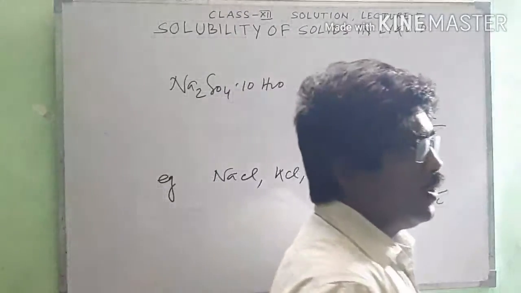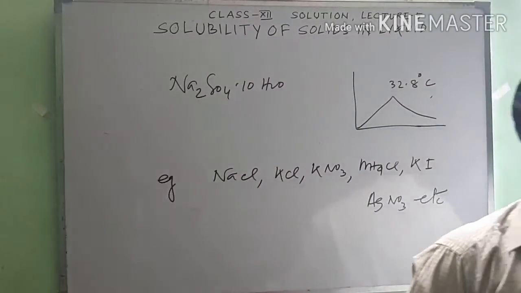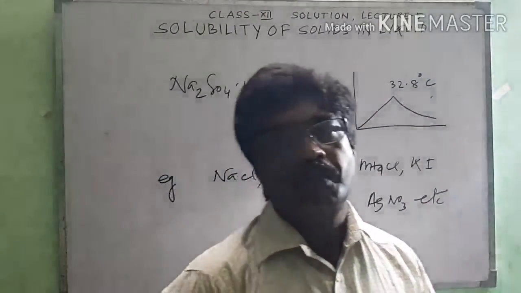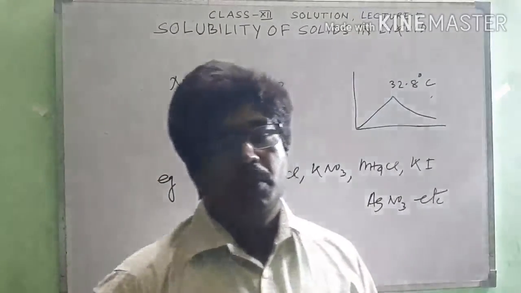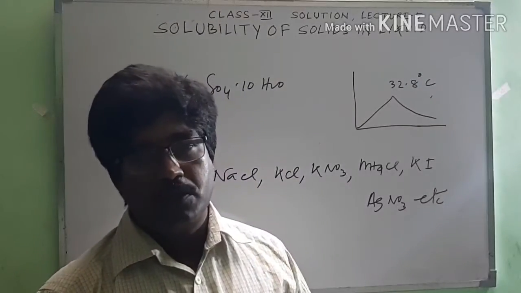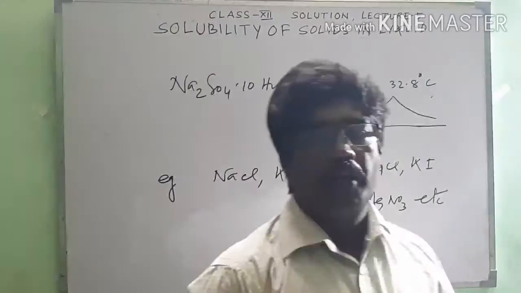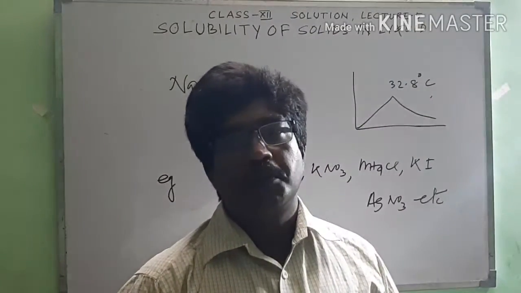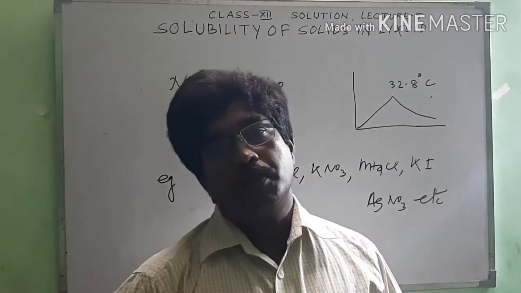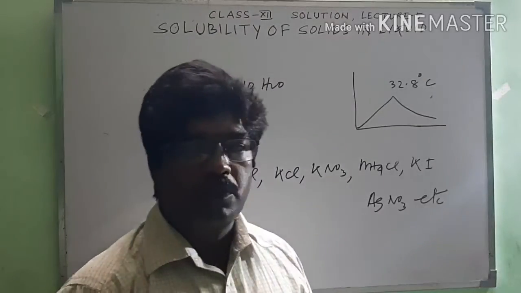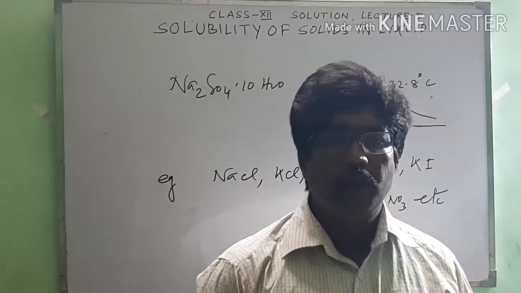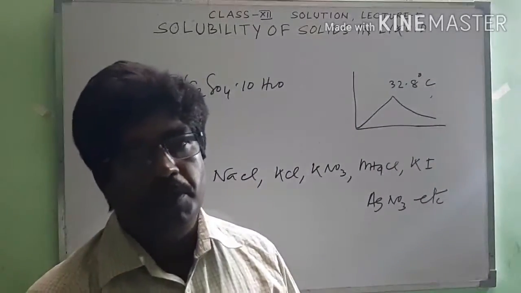So the solubility does not always increase with increase in temperature. It depends on the dissolution process. If the dissolution process is exothermic, then the solubility increases with decrease in temperature, and if the process is endothermic, then the solubility increases with increase in temperature.